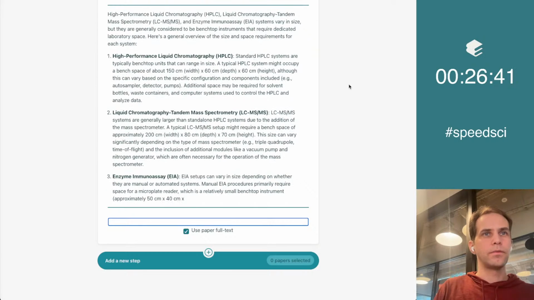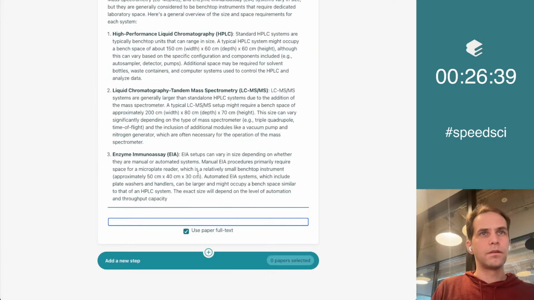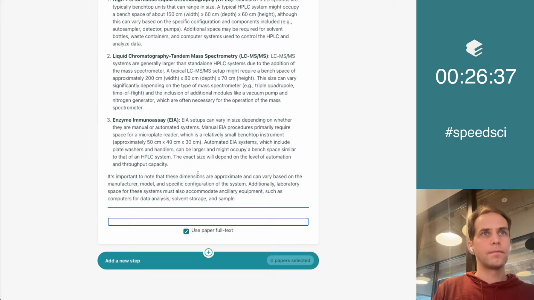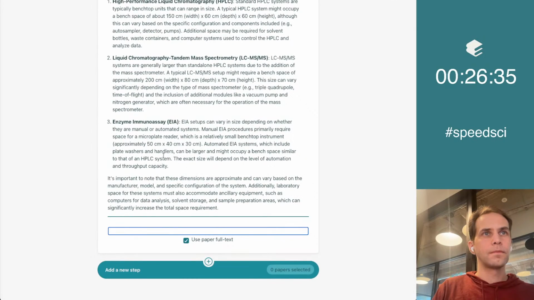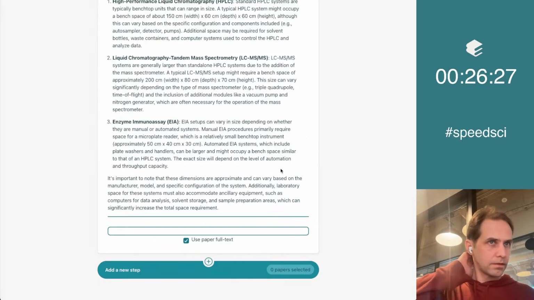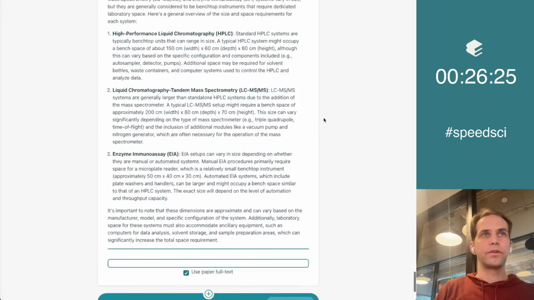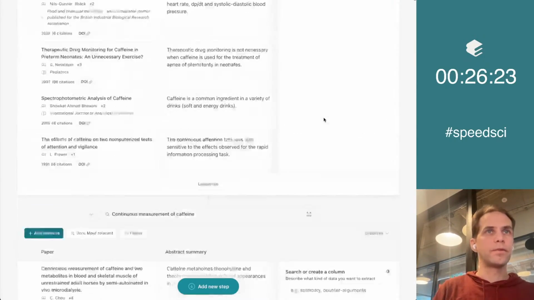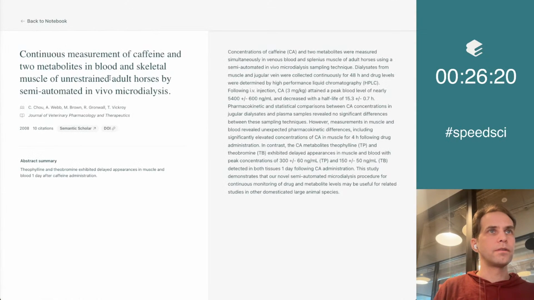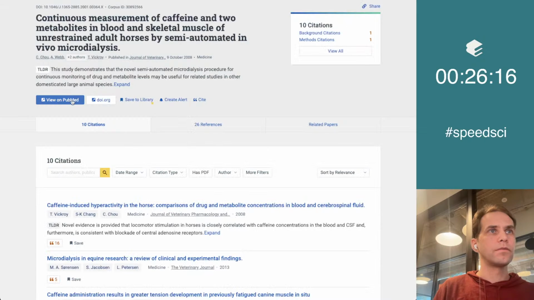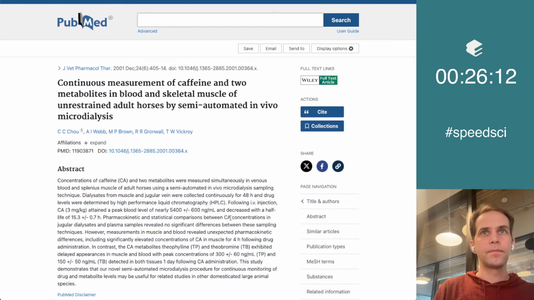I wonder how that worked. Yeah, the enzyme immunoassay system is a bit smaller, but still pretty large. So this raises the question how the continuous measurement in the horse paper worked. This was this one. Let's look at it. Let's try to see if we can find the paper.